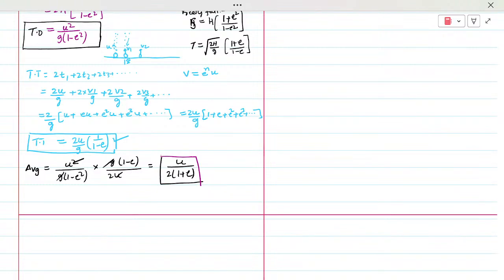So the momentum imparted P is equal to mu into 1 plus e by 1 minus e will come, meaning mu minus mv. The v we already got, the final momentum, from the speed we got, 2u by g into 1 minus e. So now this is enough.